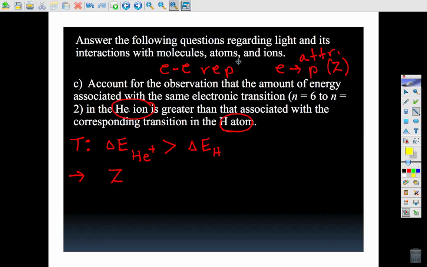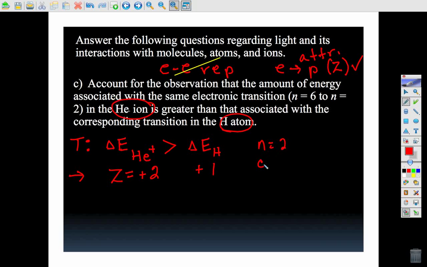Now, in this case, they have the same number of electrons. So that's not going to be a factor. We must be addressing this. So our nuclear charge on helium is +2. Our nuclear charge on hydrogen is +1.